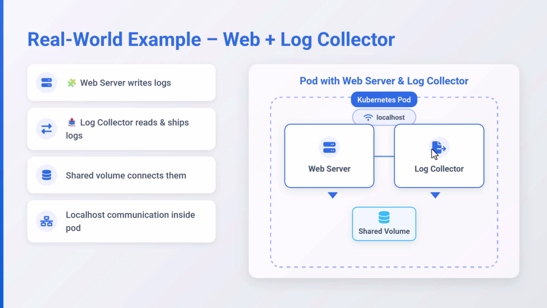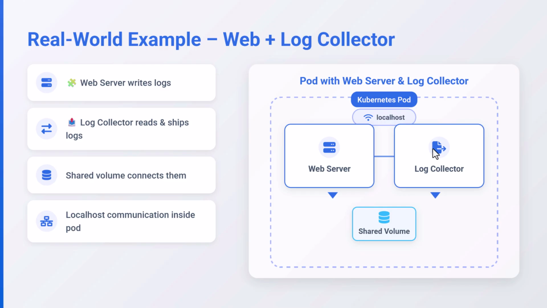The log collector container reads those logs from the same place and sends them to something like Elasticsearch or a logging system. Both containers are connected through a shared volume, which is basically a common storage space where one writes and the other reads. And since they are in the same pod, they can also talk over localhost, making the communication super fast and easy.